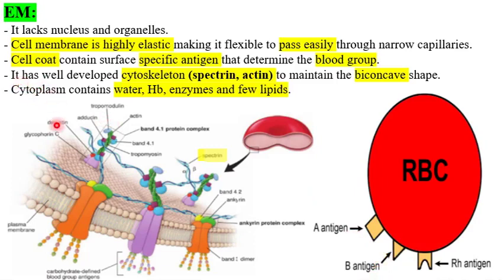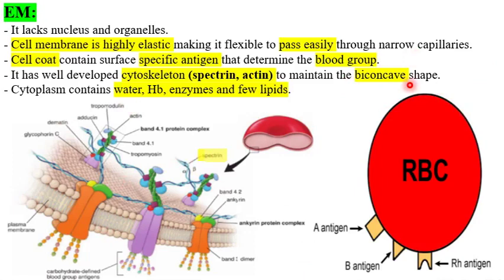The RBC has a well-developed cytoskeleton of spectrin and actin, like that. This is the spectrin protein. This cytoskeleton, either spectrin or actin, is responsible for maintaining the biconcave shape. As we said, RBCs are biconcave in shape.